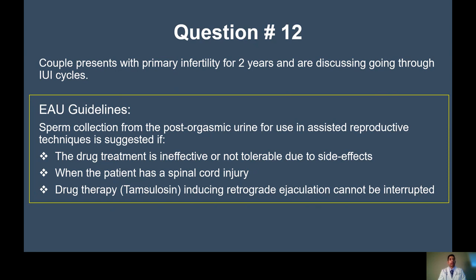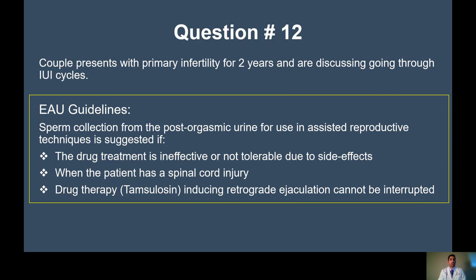In the United States, we commonly use over-the-counter Sudafed or pseudoephedrine, and this alpha agonist can be used to potentially close the bladder neck during ejaculation to promote antegrade semen flow. However, if this fails, then sperm collection from the post-orgasmic urine can be suggested.